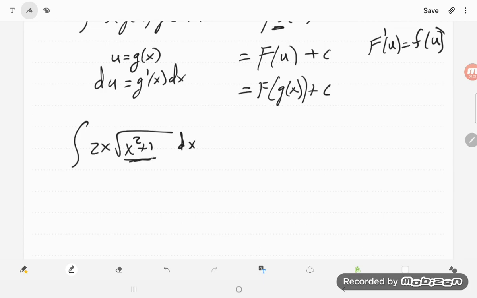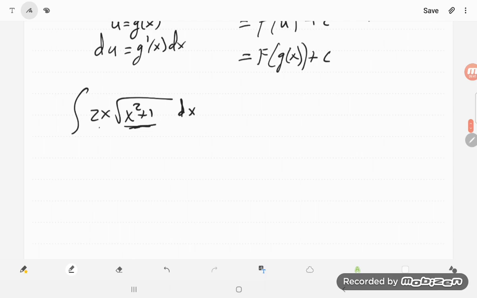And you see, I see that x squared plus 1 inside the square root function. And I think, well, what's its derivative? It's 2x. And so, yeah, I think this probably came from a chain rule. And so I'm going to let u equal that inside part, x squared plus 1. And then the differential is that derivative, so du is 2x dx. And there I have 2x dx.